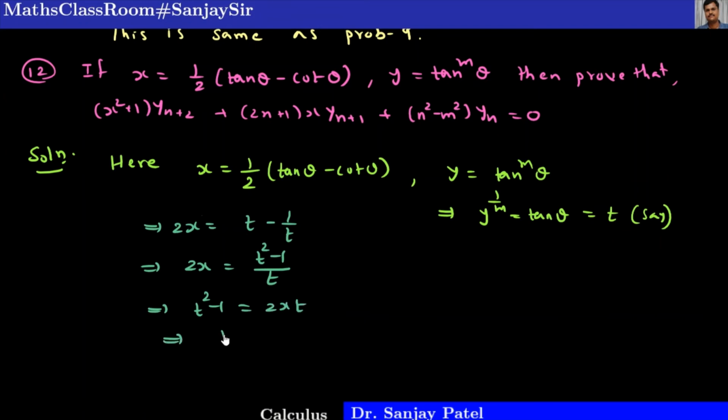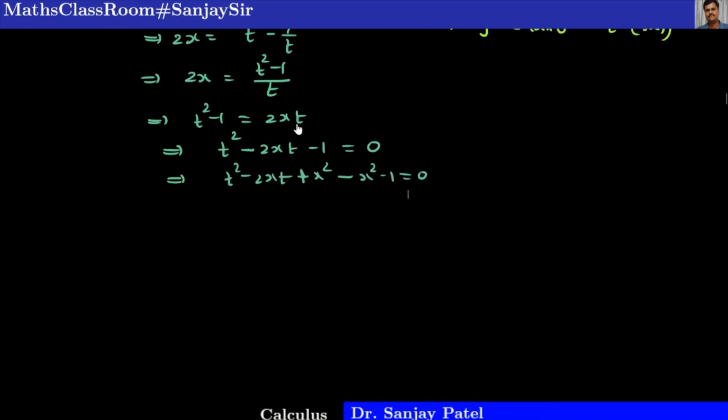Now this is again same as that previous problem, t square minus 2xt minus 1 is equal to 0, and we have made this into a perfect square many times. So t square minus 2xt plus x square minus x square minus 1 is equal to 0, and that gives us the same thing, taking this group and this group.